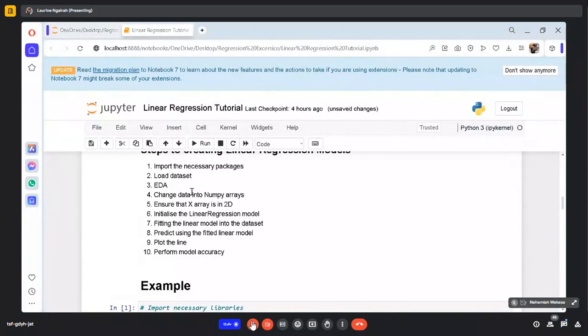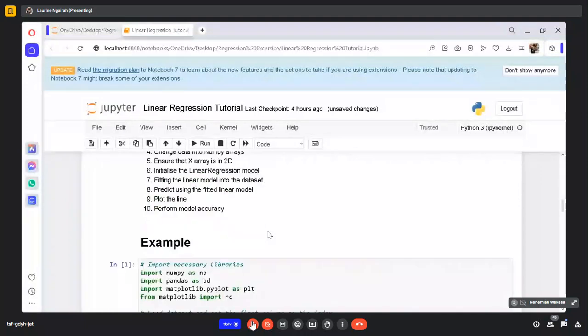Then we've changed the data into NumPy arrays. Then we've changed the X, or independent variable, into 2D. Then we've initialized the linear regression. And then we are fitting the linear model that we initialized into the data set. So this is where we are, and then now we go to predict using this fitted linear model.